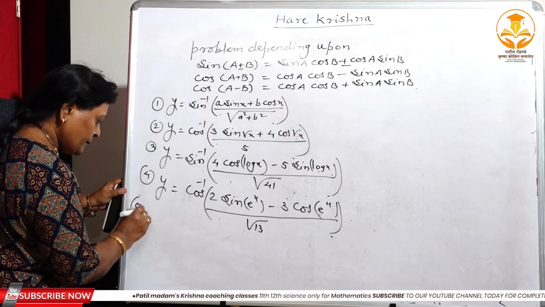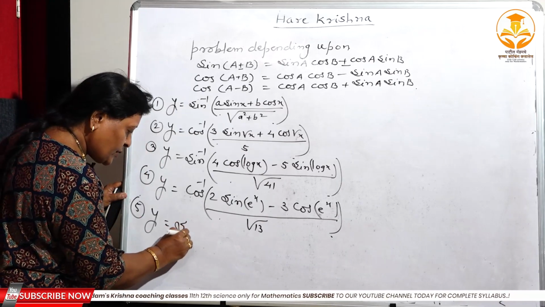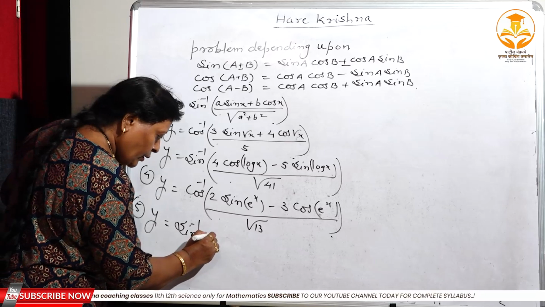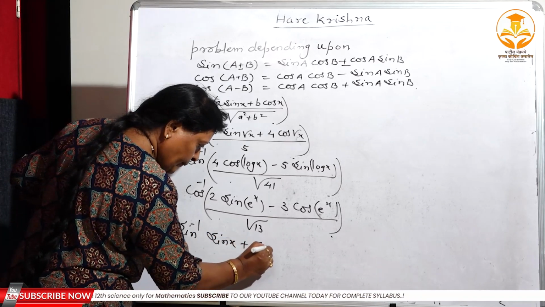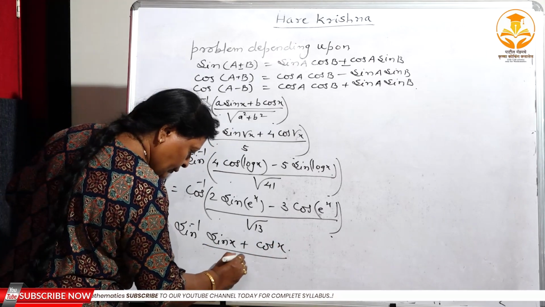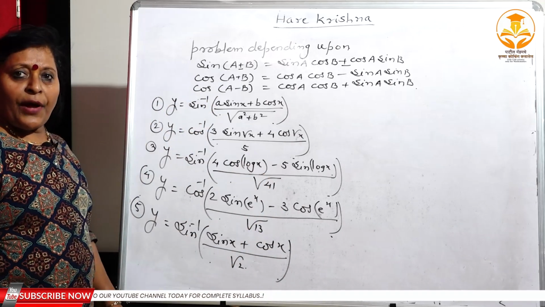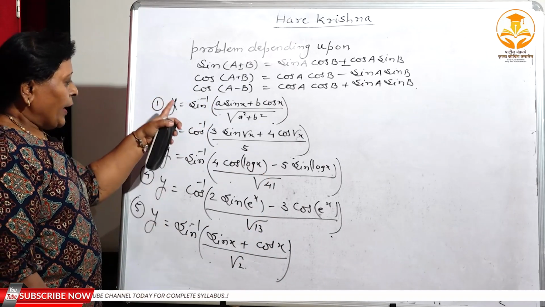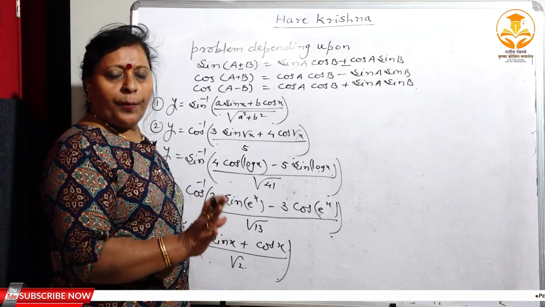And the fifth one, sin inverse of (sin x plus cos x) divided by root 2. Now these are the 5 problems about the inverse trigonometric function.